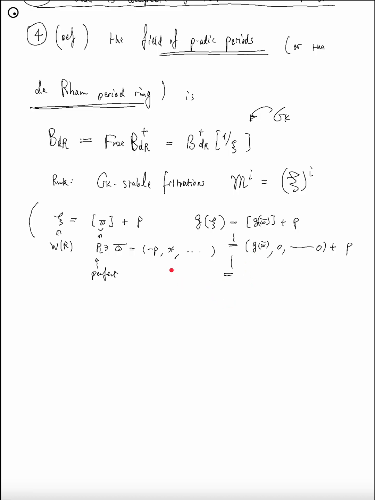So G of this would be minus p and then a p-th root of it. So in general, a group element would just map one p-th root of an element to another p-th root of the element. But as I said, there is a unique one, and so it should be itself. So correct me if I made a mistake.